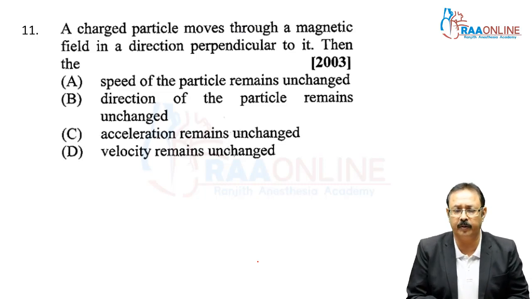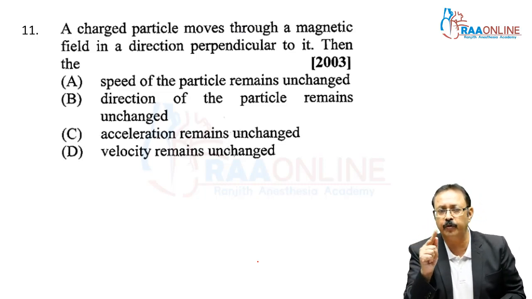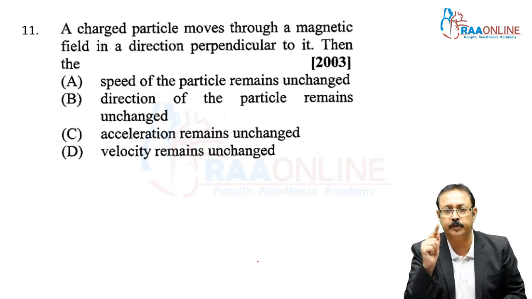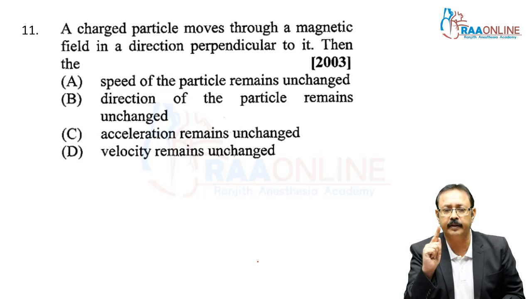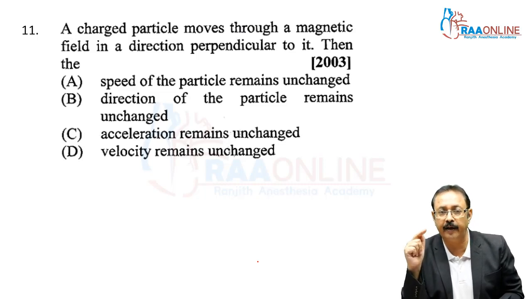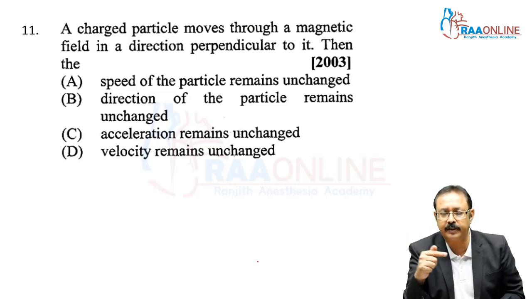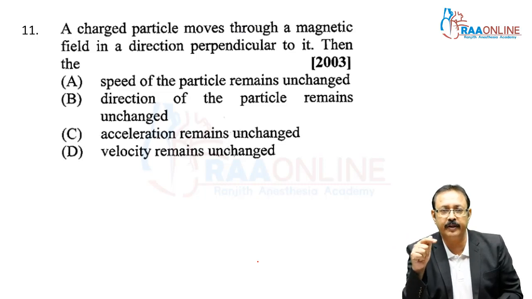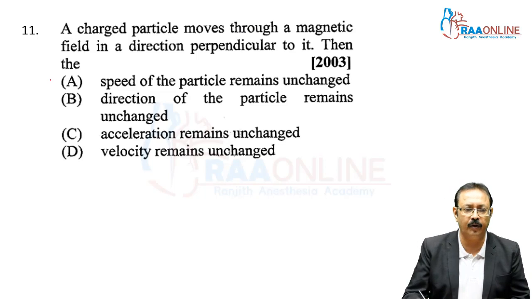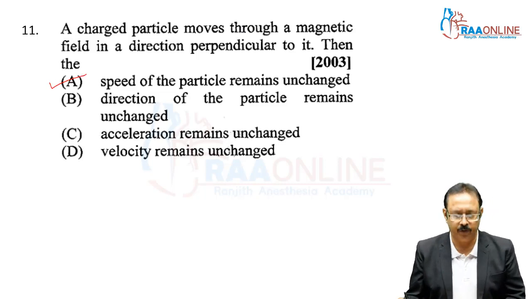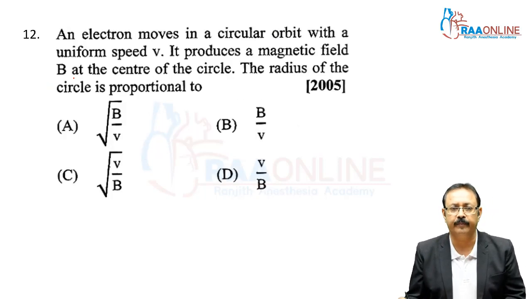Again a repeated problem. The particle will start moving in a circle with uniform speed. Since it is moving in a circle, velocity cannot be constant. Acceleration at every point is acting towards the center, so at every point its direction is changing. So velocity cannot be constant. So only speed is constant. So we are going with A.